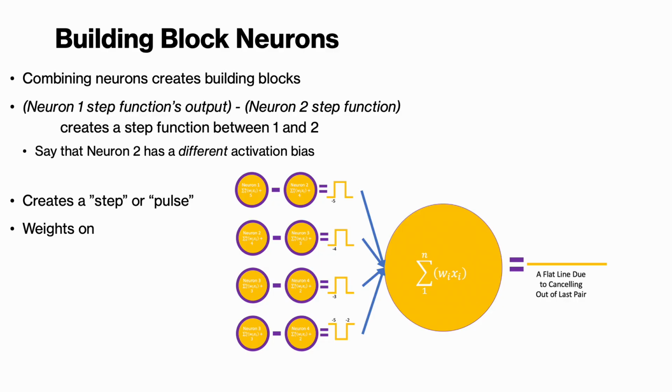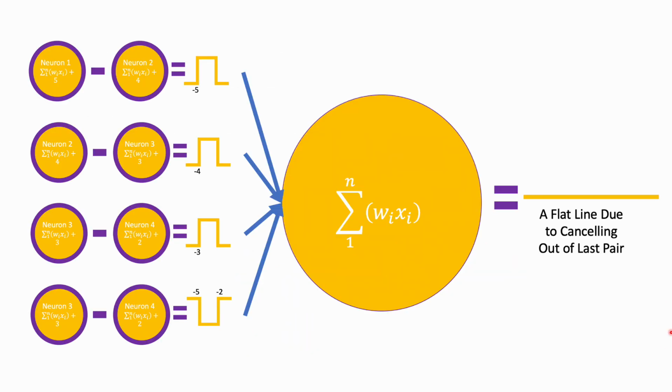It creates a little step or a pulse that we can see right here. And yeah, the weights rely on it as well. And this example specifically is a flat line because the last pairs cancel out.